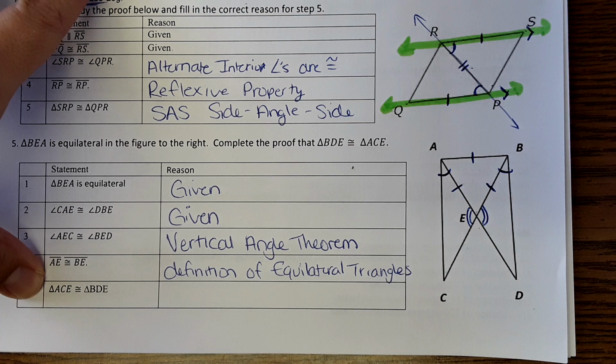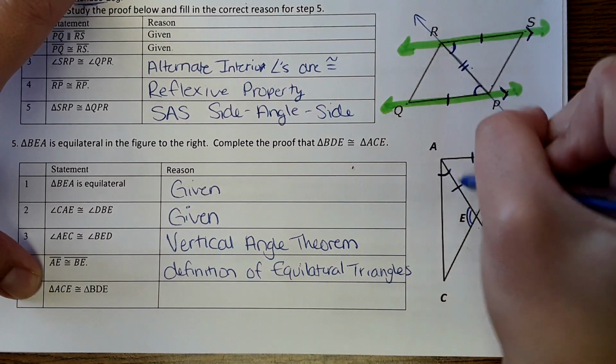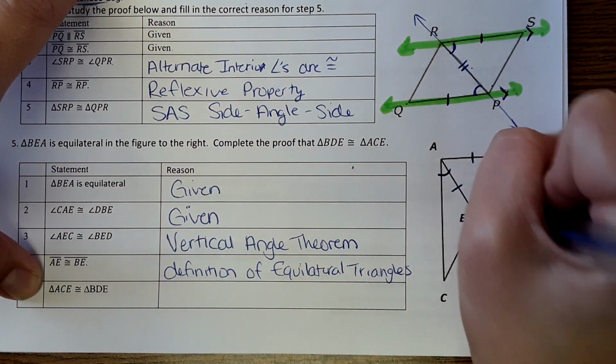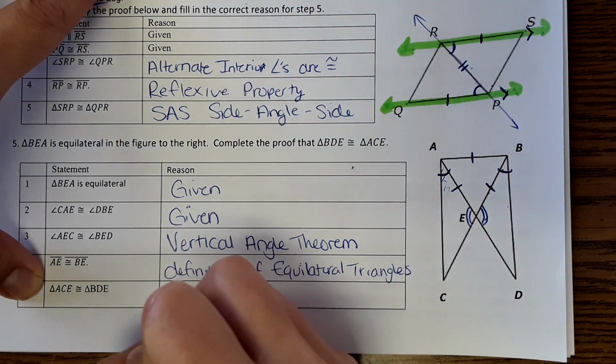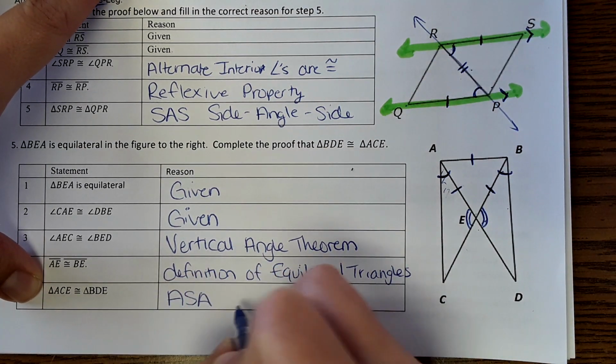Then last thing, we have to decide why they're congruent, whether we have side, angle, or what we have. So we have angle, side, angle, side, angle. So we can say that this triangle is congruent to this one. So angle, side, angle.